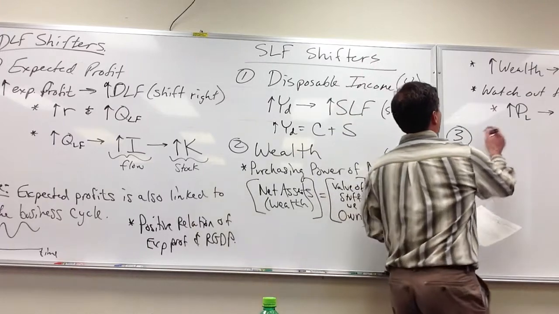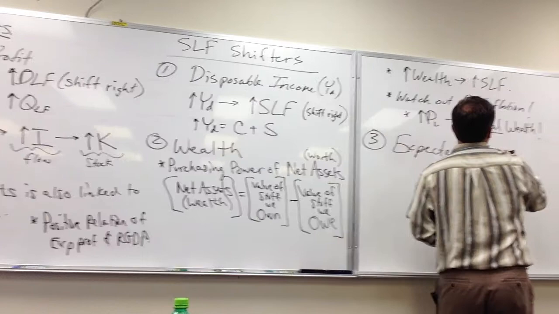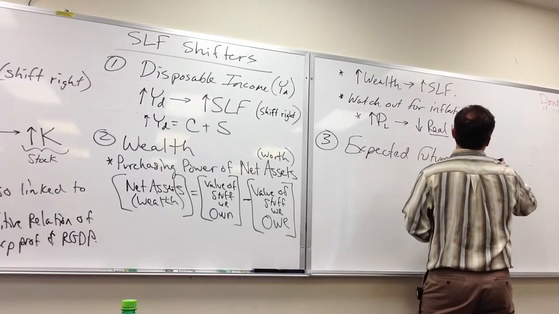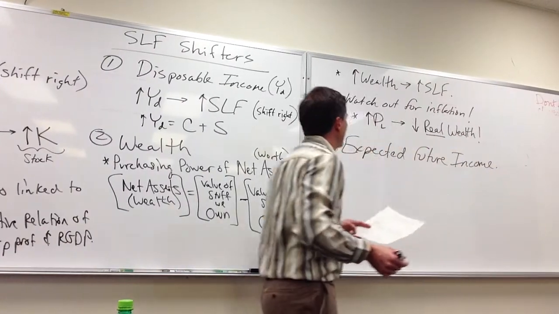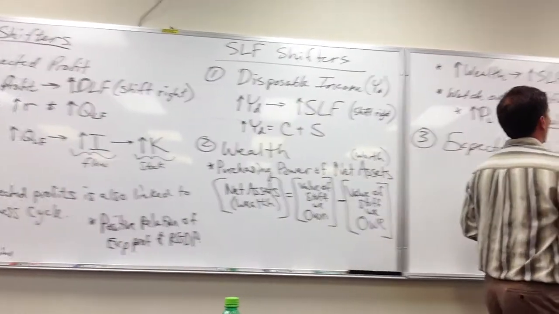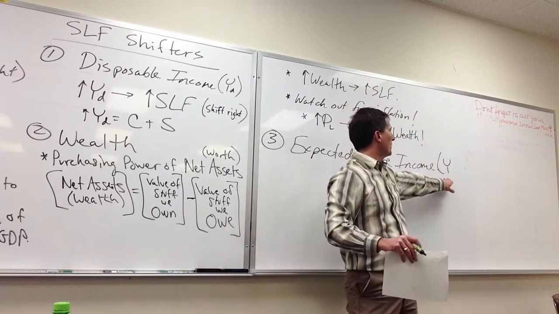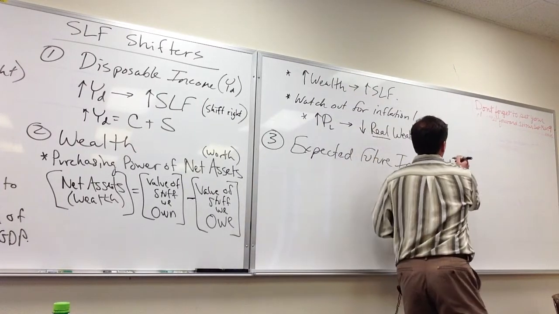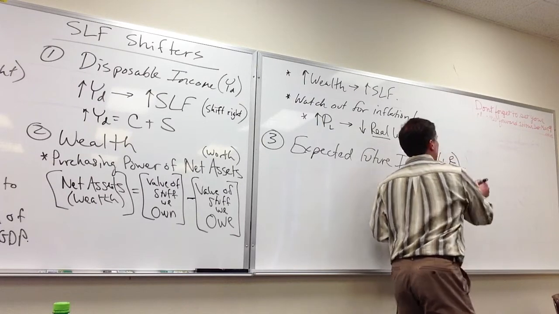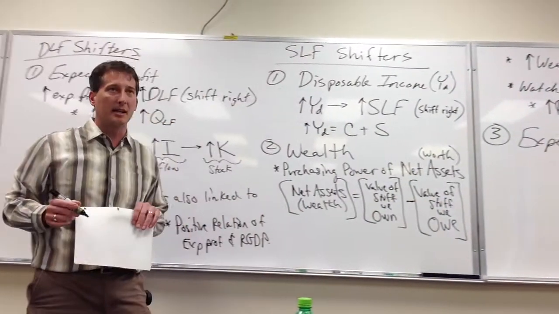is our expected future income. Expected future income. So I'm going to put our Y that we've been using, capital Y for income. This time I'm going to put a little superscript E for expected future income.